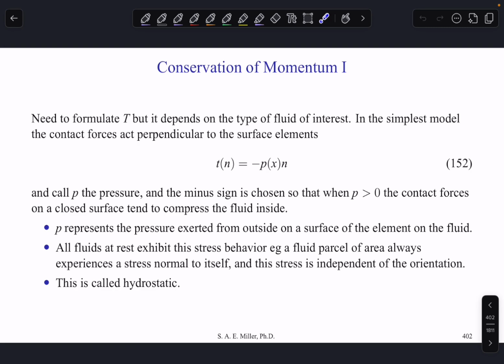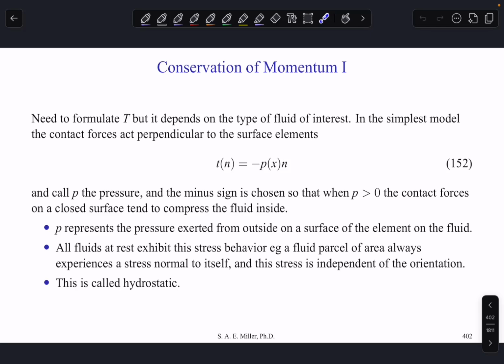So remember, p represents the pressure exerted from the outside of the surface on any particular fluid parcel or element. And all fluids at rest will exhibit this stress, even if they're not moving. That is, a fluid parcel always experiences a stress within itself, normal to itself, in every direction. And this stress is independent of any particular rotation.